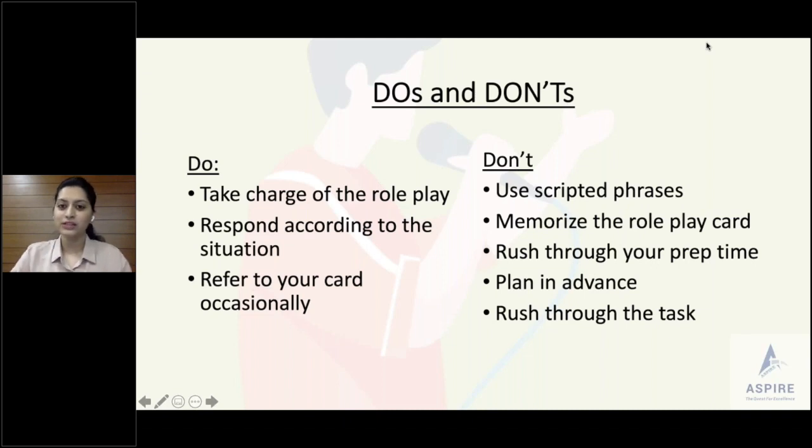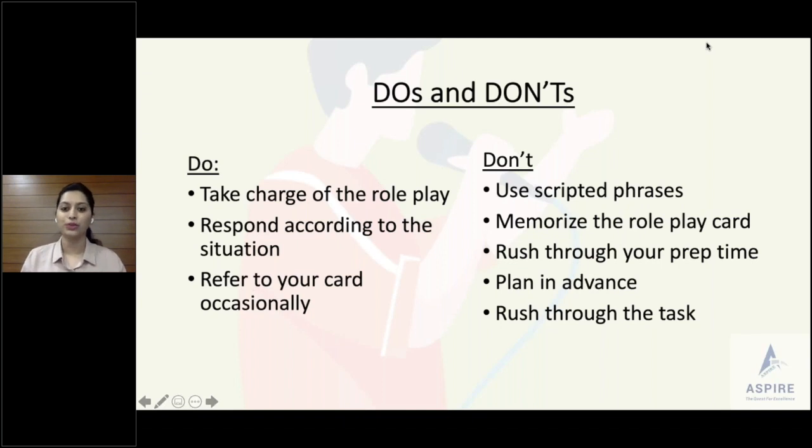Going through these phrases is good, but the more you try to memorize them by heart, the more you try to replicate the same sentence. And they don't want that, because the minute they feel it's scripted, it won't be right. Please do not memorize what's on the role play card, because naturally it's in your hand. You can look at it anytime you want, so there is no need for you to memorize the role play card.